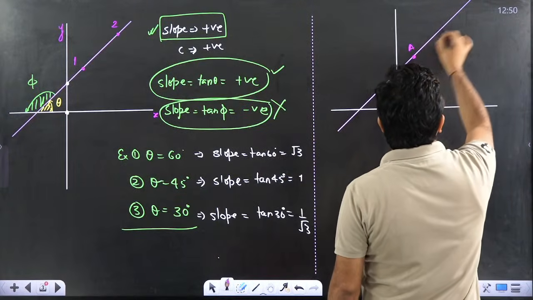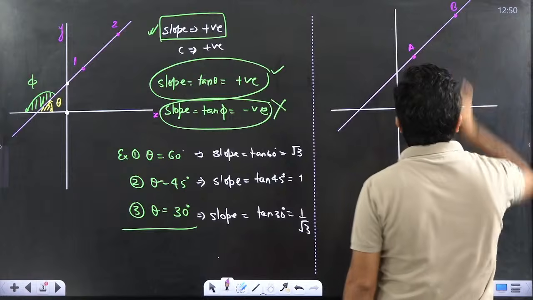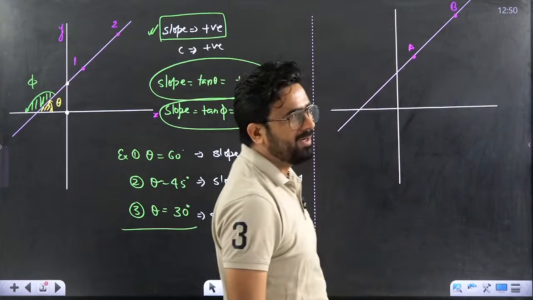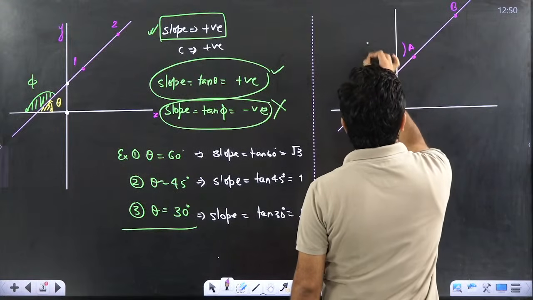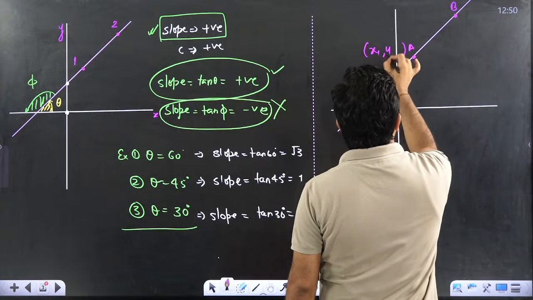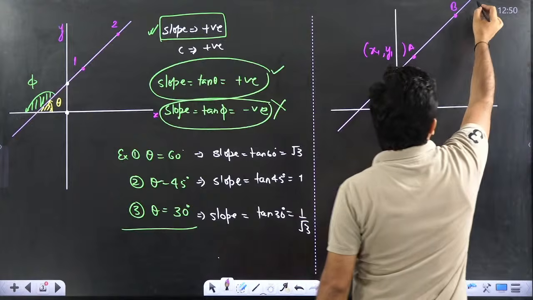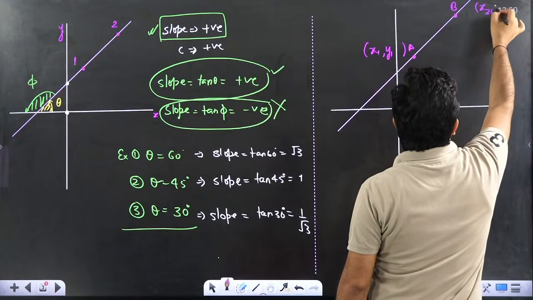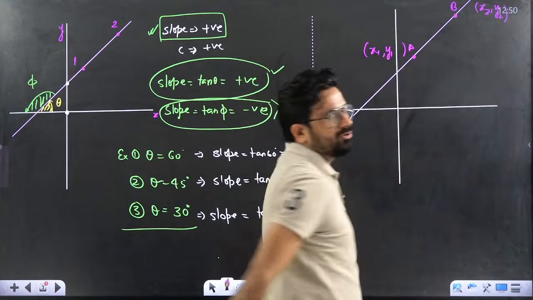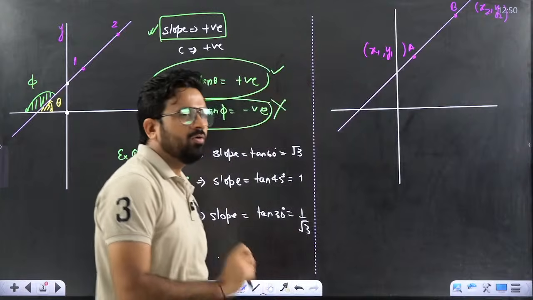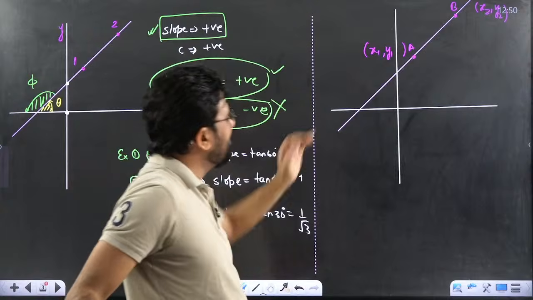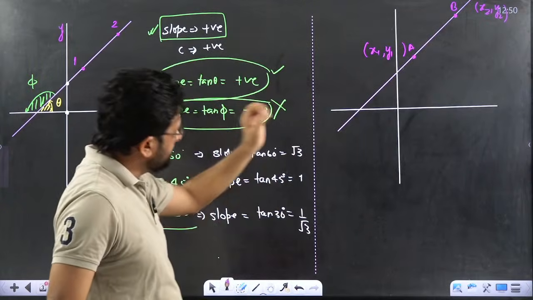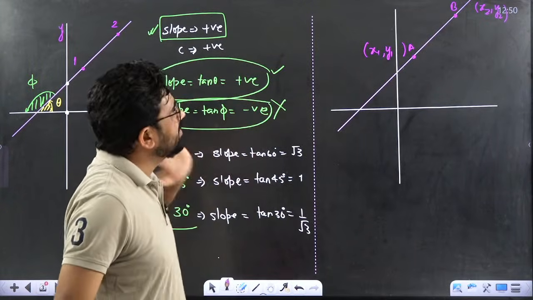This is point A and this is point B. The coordinates of A are given as x1 comma y1, and similarly the coordinates of B are given as x2 comma y2. I want to write the slope of this straight line, and I want to write the equation of this straight line.